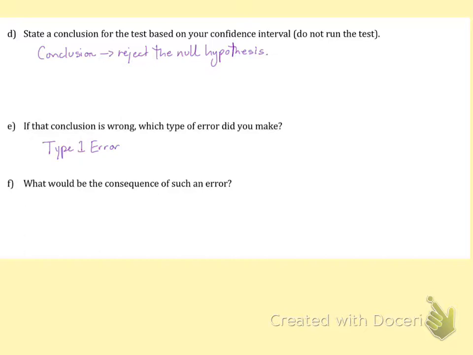What would be the consequence of such an error? If we believe our test and we reject the null hypothesis, we're then saying that the vaccinations are effective. And if we're wrong, what would have ended up happening is that we give a whole bunch of kids vaccines that turn out to be ineffective against ear infections.